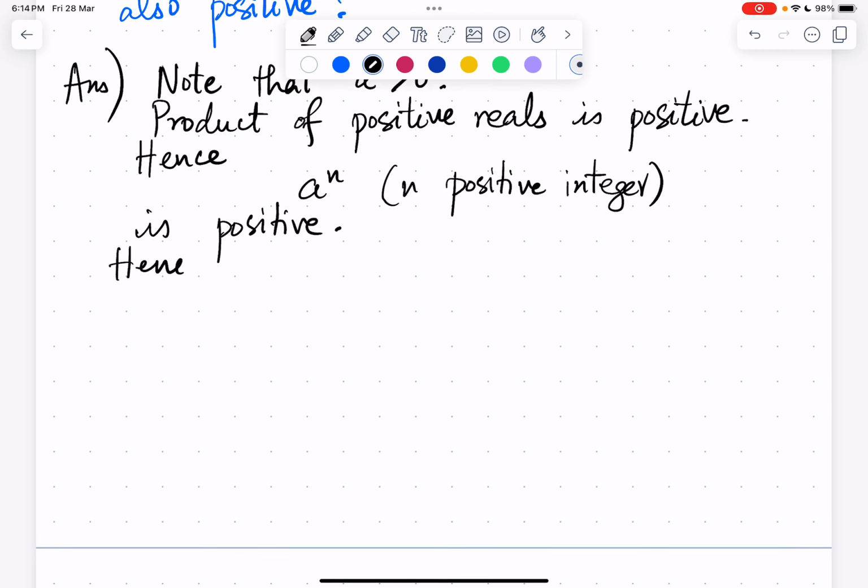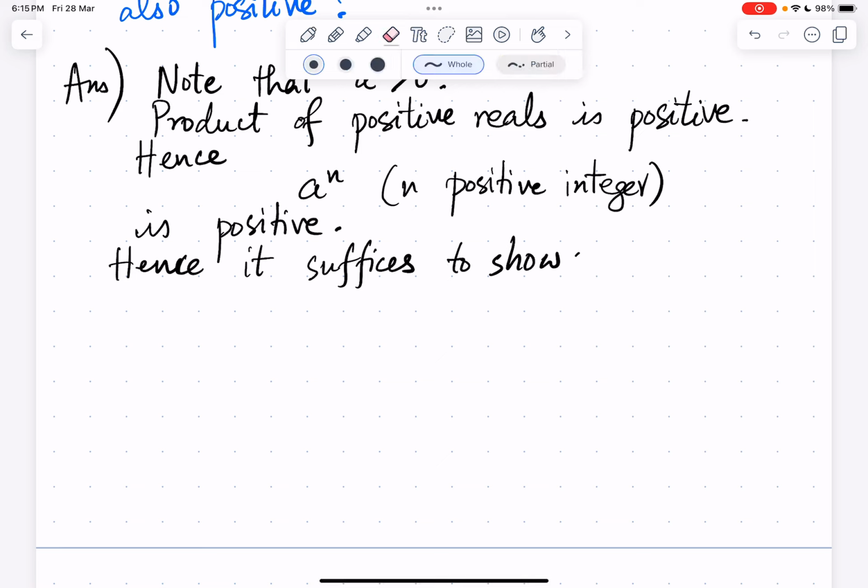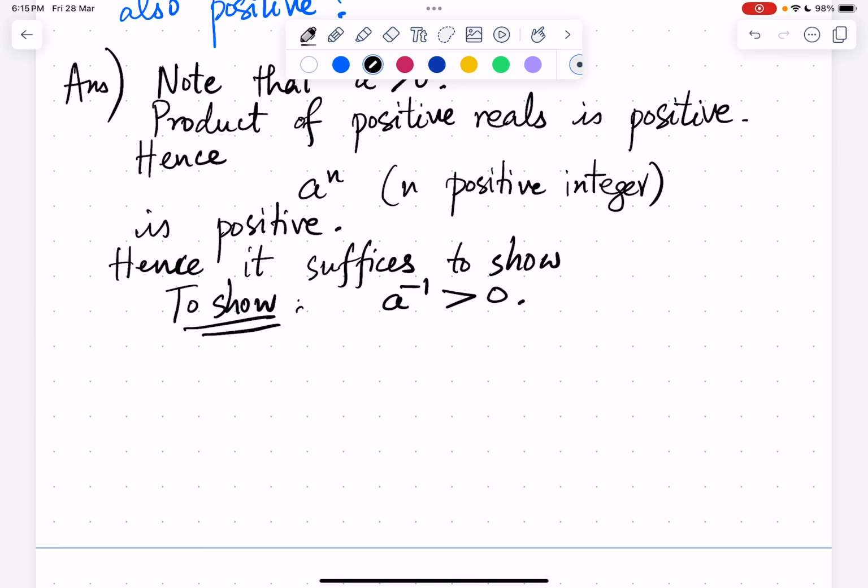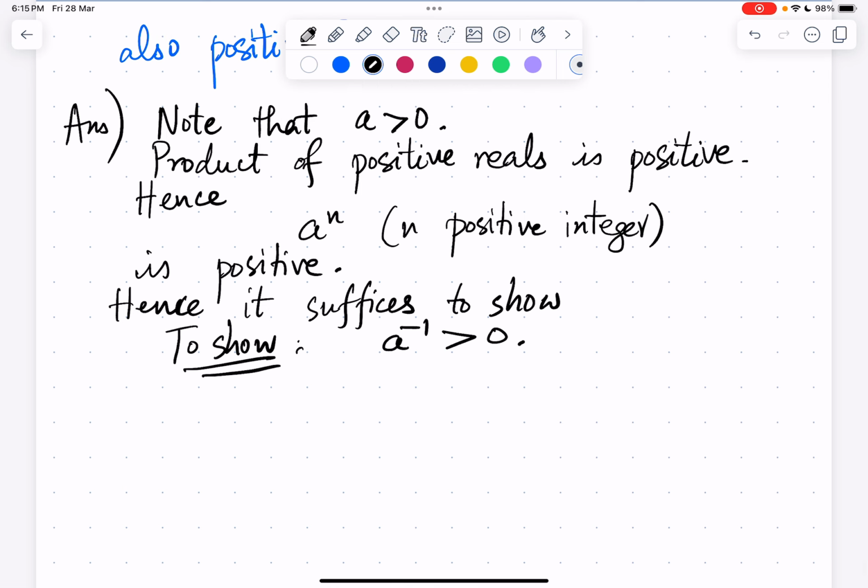Hence it suffices to show, so to show that all integer powers are positive, it suffices to show that a power minus 1 is positive.